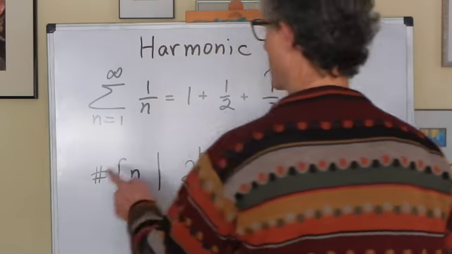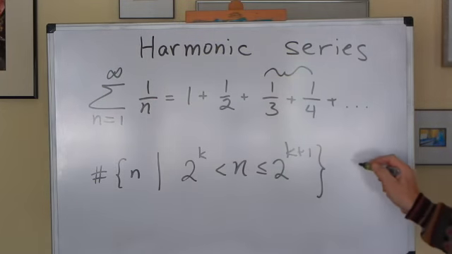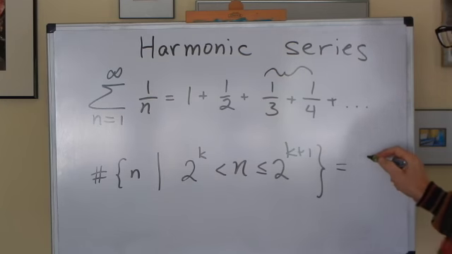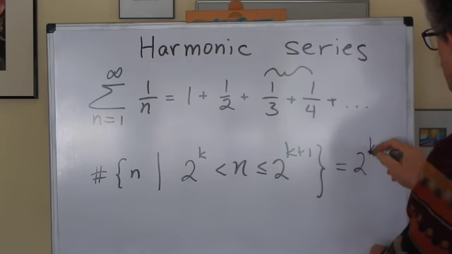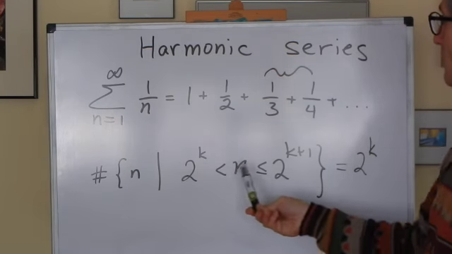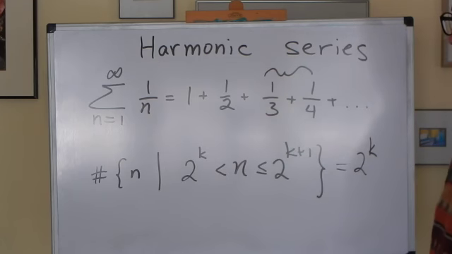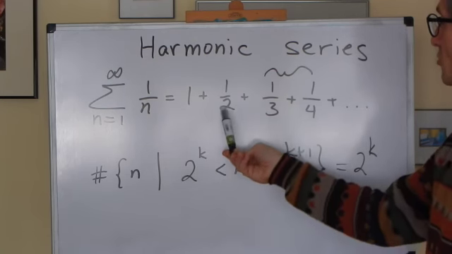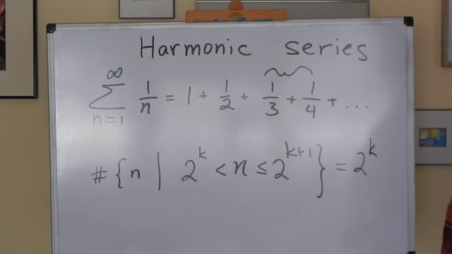Well, that number of terms is clearly 2 to the k. So for example, if k is equal to 1, there's 2 terms between 2 and 4.